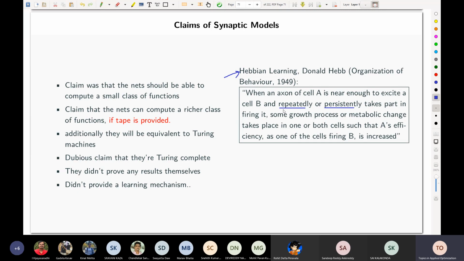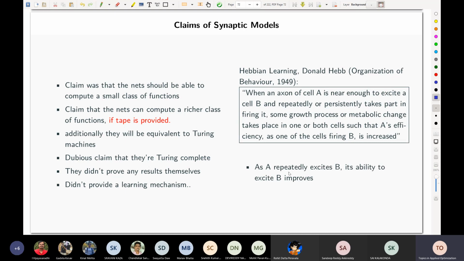In modern day learning, you see the effect of data. More and more data is better, right? Because you will repeatedly feed into the network, and the network will become better and better in learning. This is where you get a sense of supervised learning and how more and more data is better.